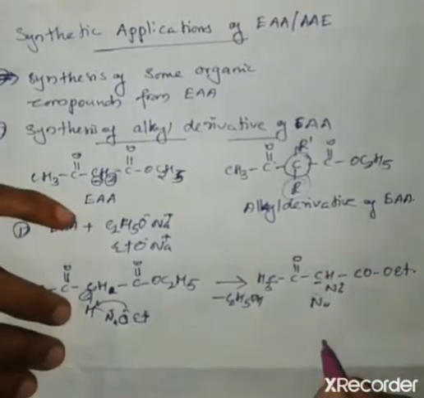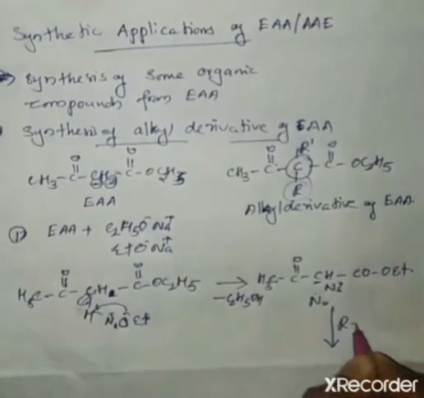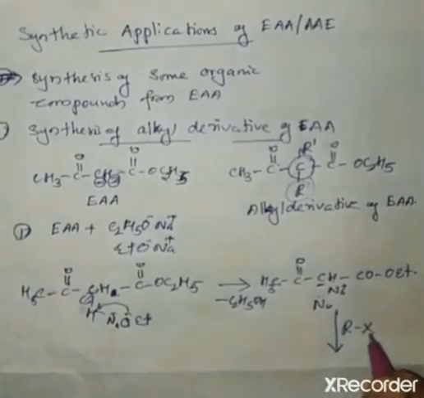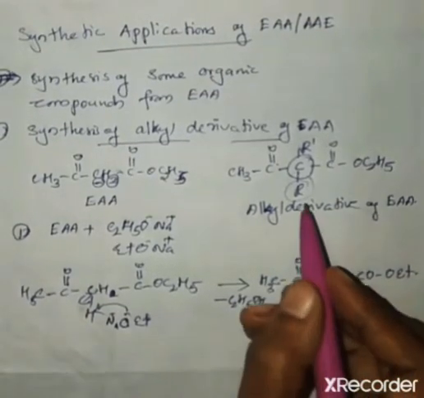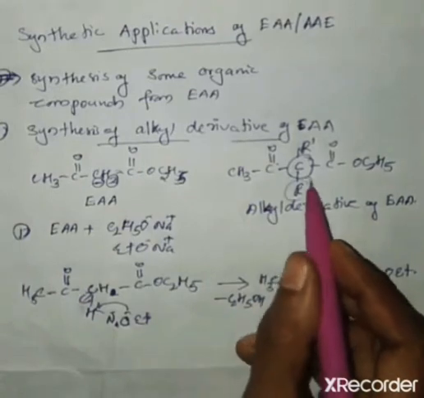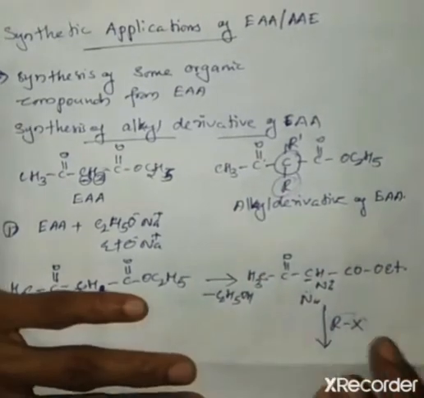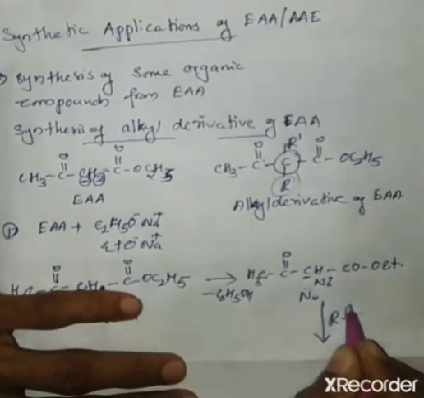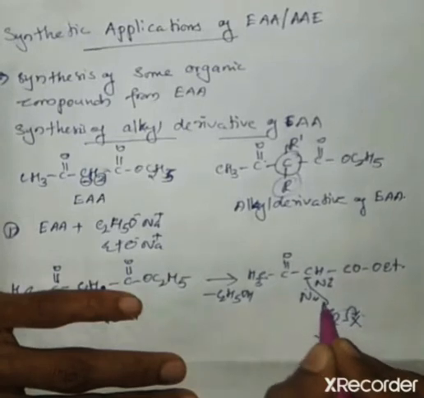So the next step, we react with RX, the corresponding alkyl halide. The alkyl halide selected depends on the group which is bonded to the methylene carbon. In RX, X leaves as X minus and the R plus is bonded to this carbon.